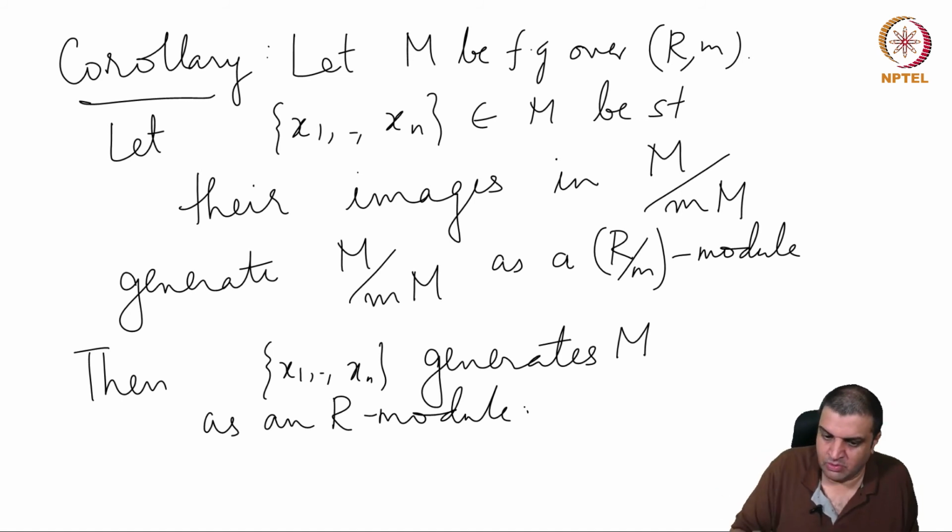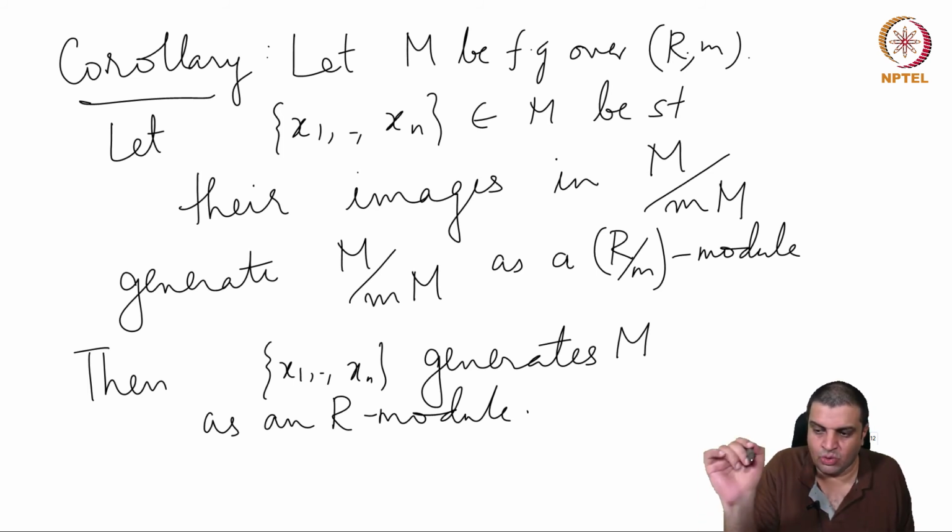Okay. So let me just read this once more. Let M be a finitely generated module over a local ring (R, m). And we take some finitely many elements inside M whose images in the quotient generate the quotient module over R mod m.